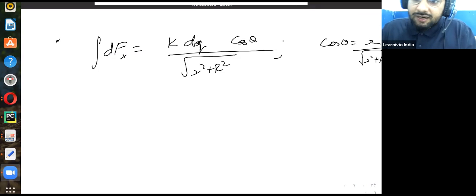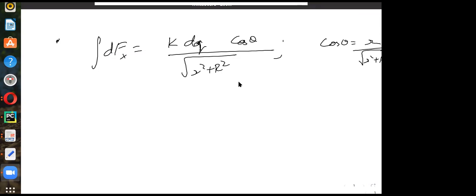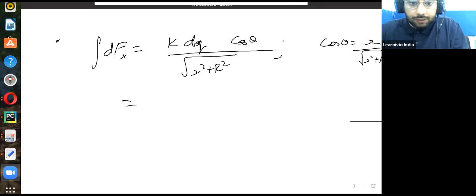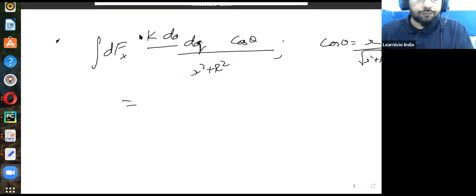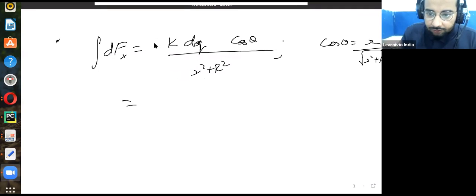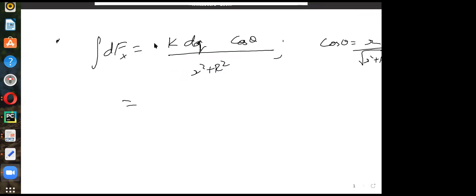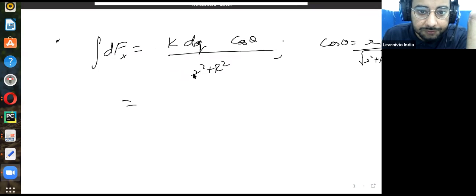Is that correct? Yes. Lovely. So let's put in the values here. Oh, apologies, this will not be a square root here, because it's r square in the denominator. Okay, so now let's put in the values.